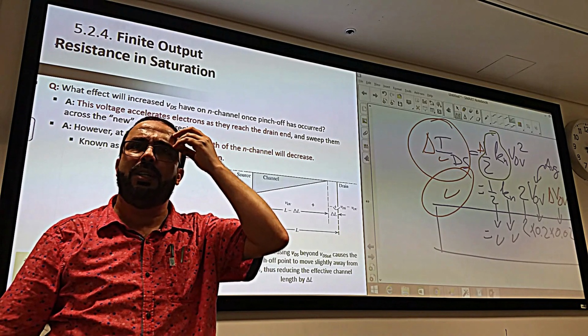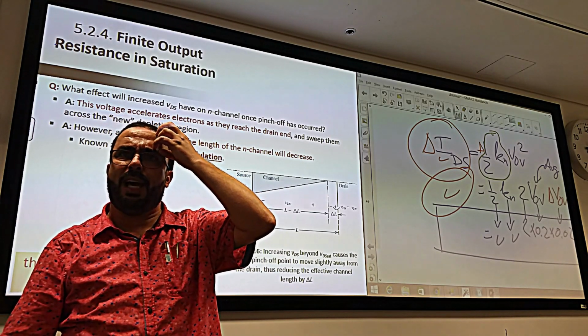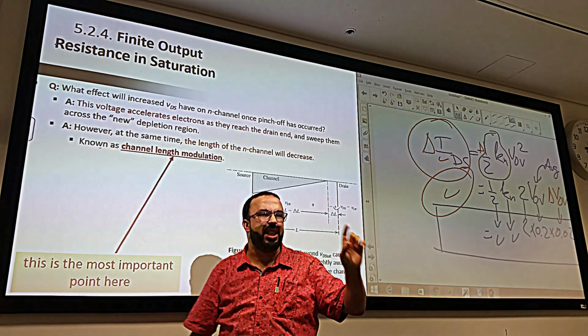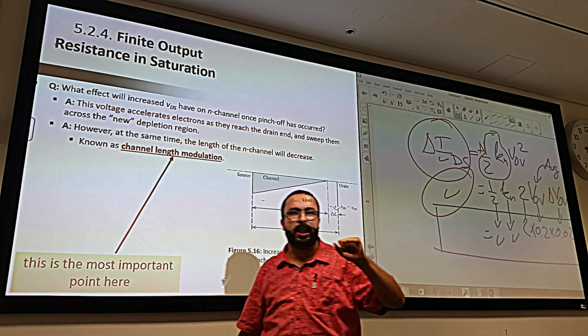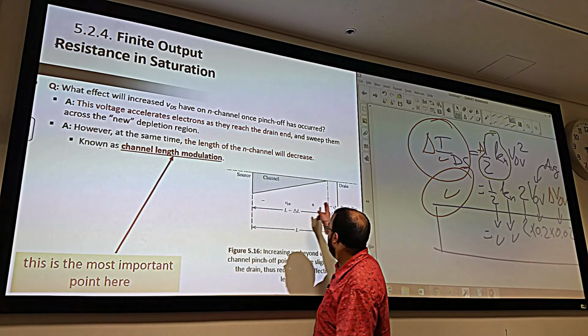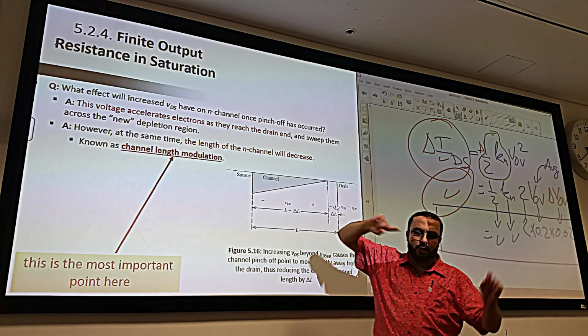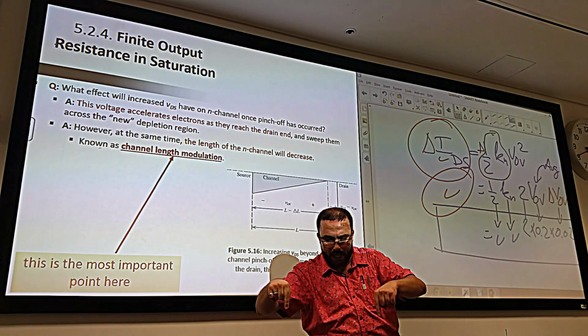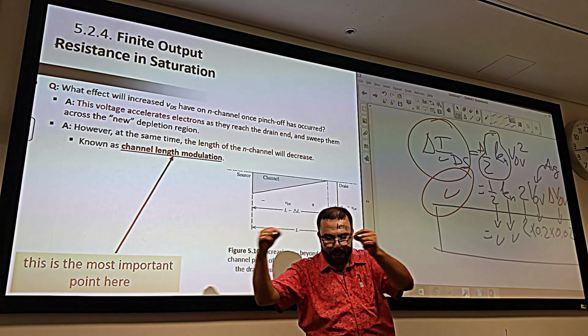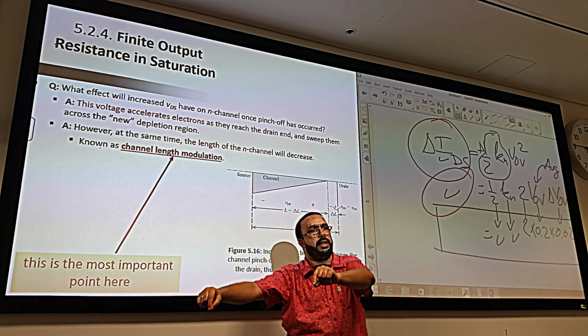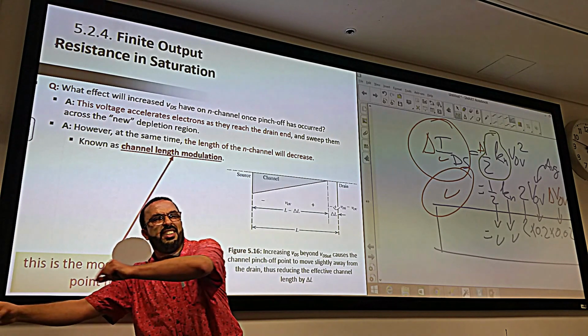In saturation, do we have L there? We have L. L in that equation is the length of the channel, okay? Now L has changed by delta L. Who caused that? It is VDS. So VDS caused the change in L, and L is in the current equation, so the current has to change.